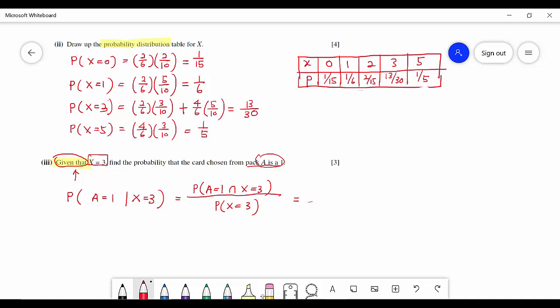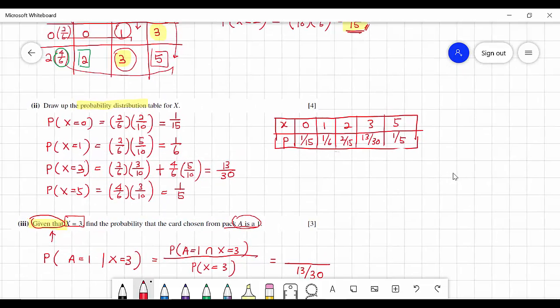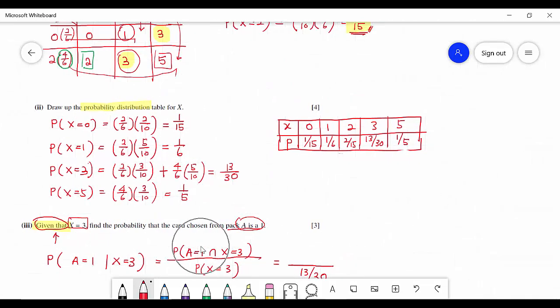Now, the probability of x equals 3, you can get straight away from the table, which is 13 over 30. And for A equals 1 intersect with x equals 3, it means that the total for the 2 cards is 3, but at the same time, the card from pack A is a 1.